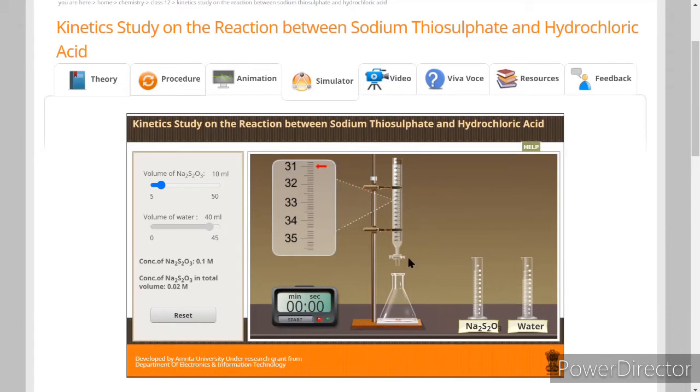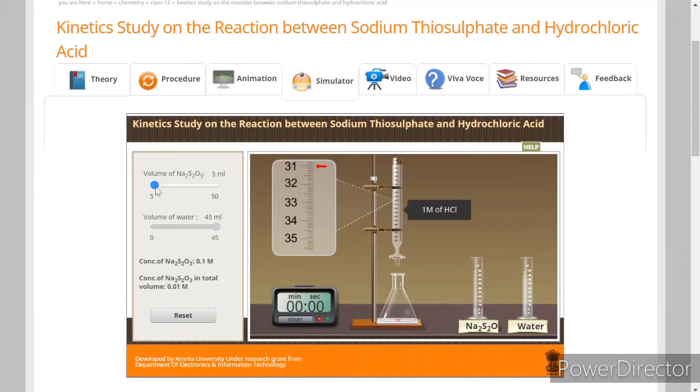Because in the procedure we already know that we will do variations of volume, different volumes. The first one is 10 ml, and we label the conical flask A. For 20 ml of sodium thiosulfate, we label the flask B, and so on.